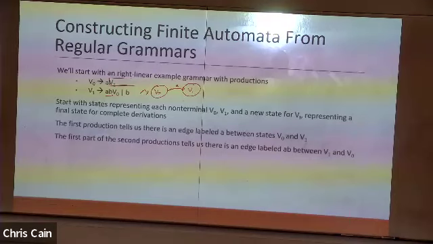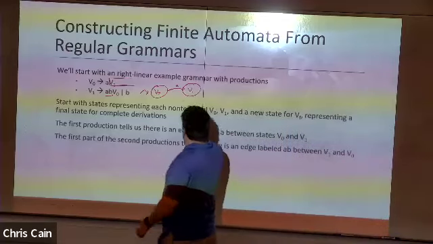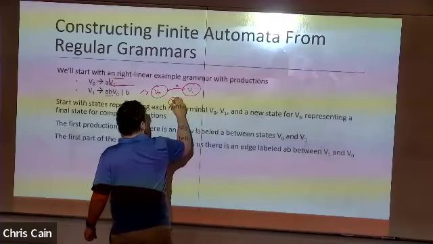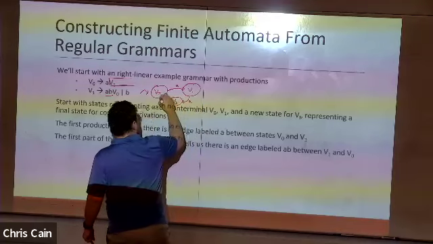So what could we do about it? Yeah, add an intermediate state. So we're going to draw a V2, and this transition will be an A, and this transition will be a B.